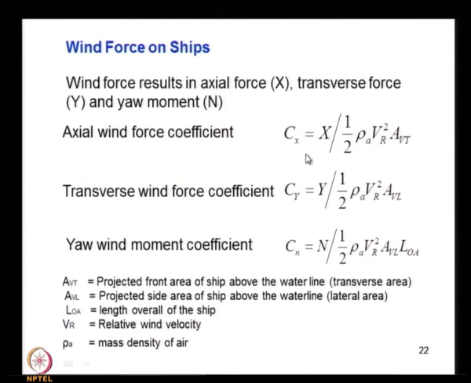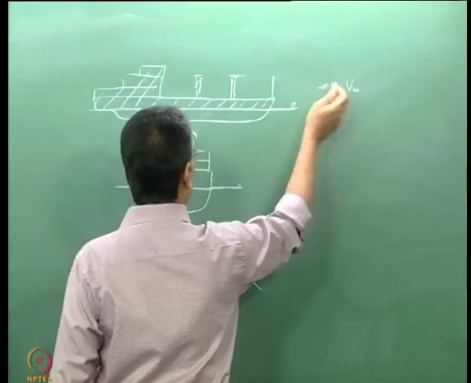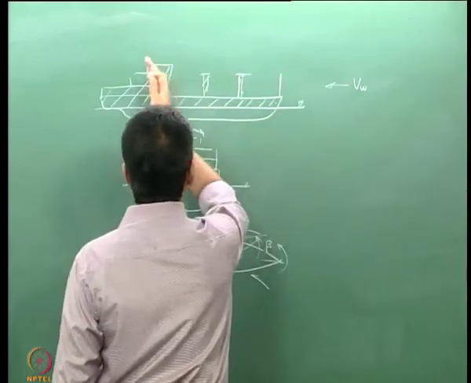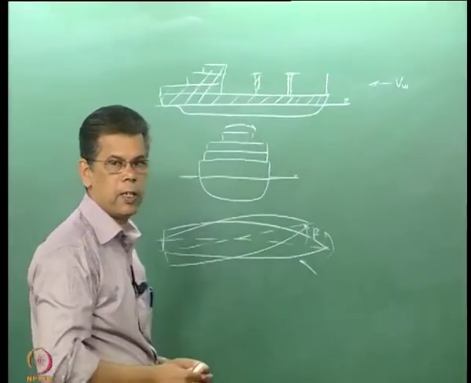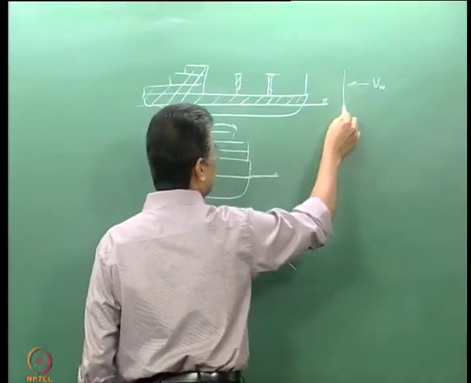So, you are considering the x direction. The wind is blowing in this direction, that is the wind velocity. You take the projected area of the above water portion in a plane normal to this, that is, in the transverse plane.